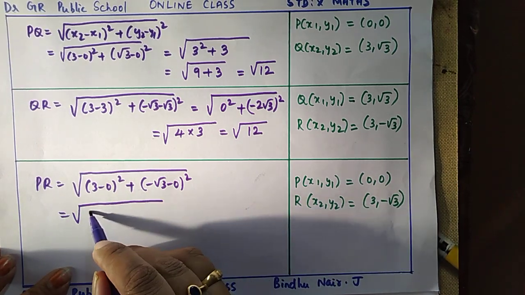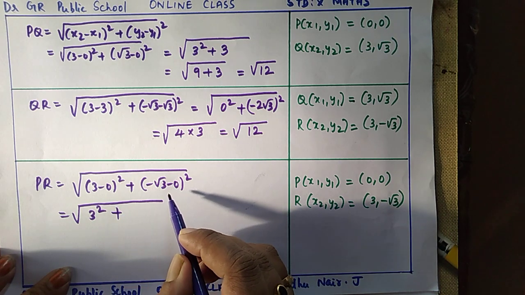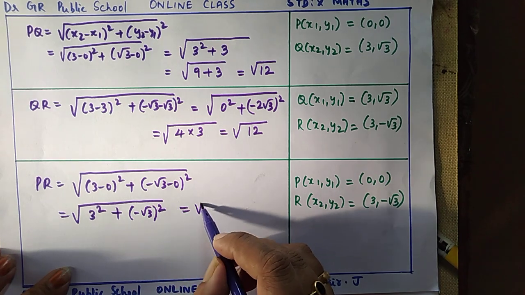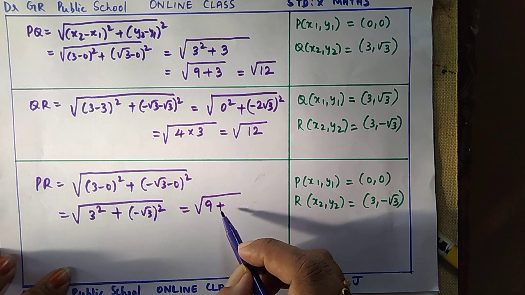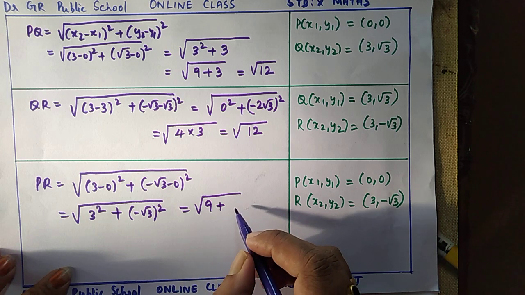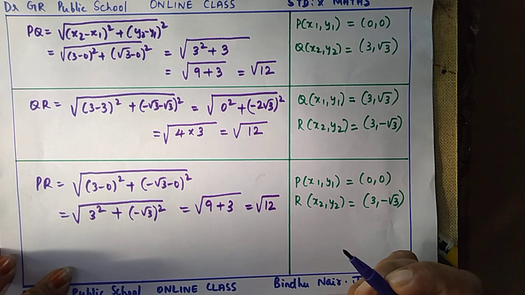What is 3 minus 0? 3 square plus minus root 3 minus 0 is minus root 3. What is 3 square? 9. And what is minus root 3 square? It is again 3. Minus square will become plus. So here also you got root of 12.